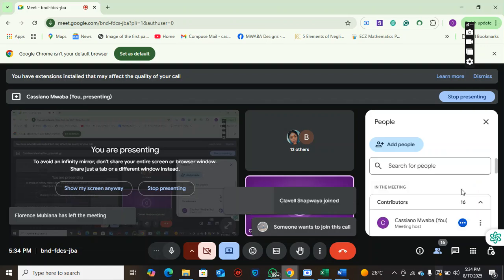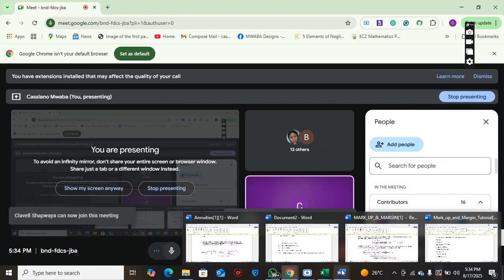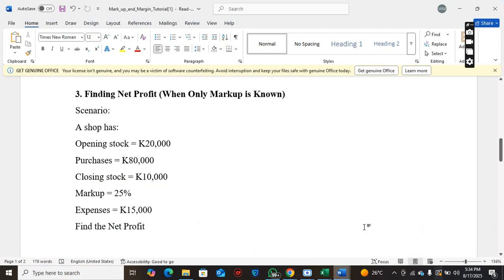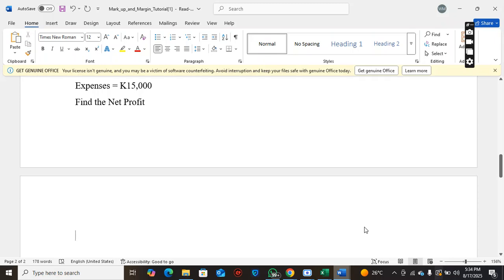What does markup work hand in hand with? Cost, cost of goods sold, yes. So first things first, let's determine our cost of goods sold.